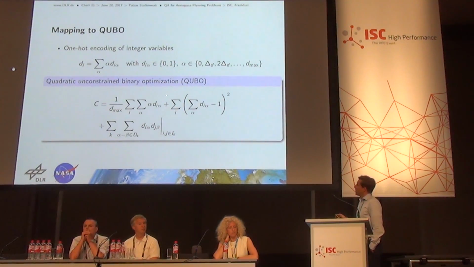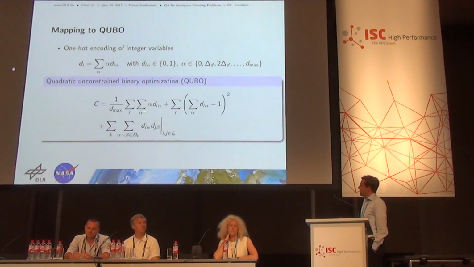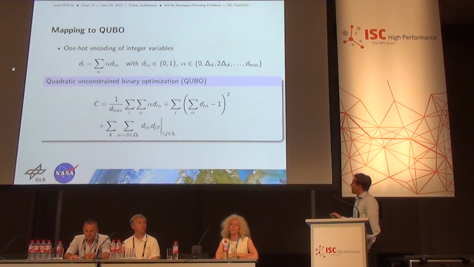So now we can write down the cost function as a QUBO. The first term of the cost function is just the sum over all departure delays, so this is the sum over i of d_i with some factor. This is our original cost function, and the constraints we incorporate by two additional terms. The first term is due to the encoding.